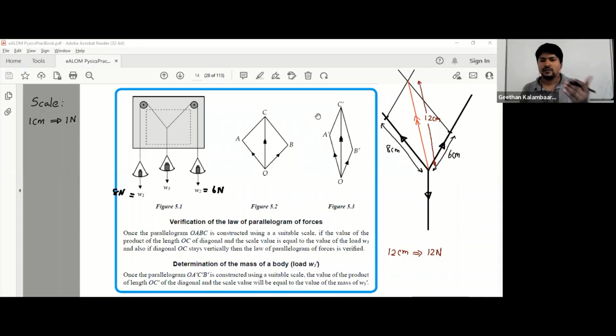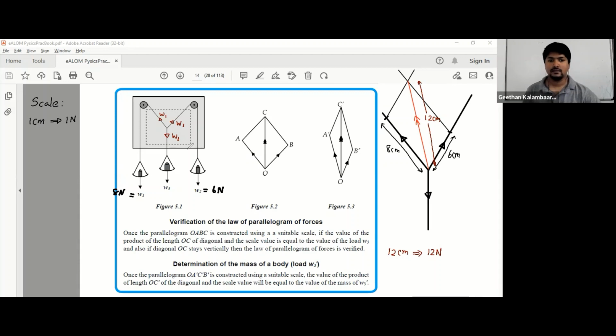Right. You must also think that there are scale pans here. Don't we have to get the mass of the scale pans as well? Because we assume that the tension here is equal to W3, here equal to W2, and here equal to W1.